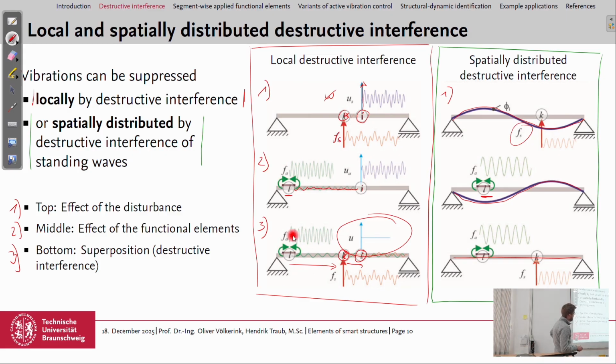We try to generate a signal and an actuation which leads to destructive interference with the external excitation only in this point. So of course we also have vibrations here, the structure would vibrate at any point, except this point I, where we aim to calm down the structure.